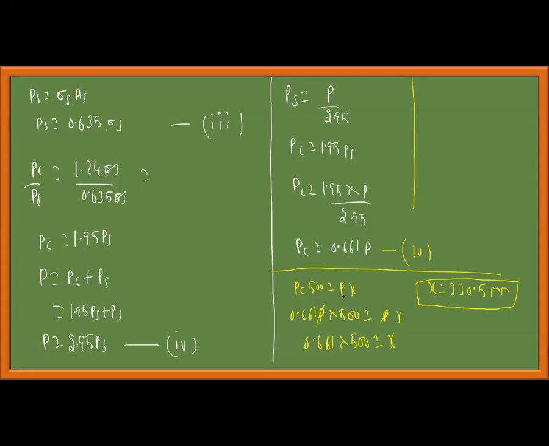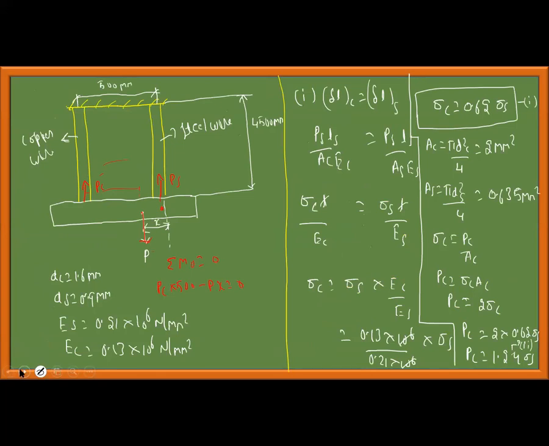You can tell me a suitable relation where I can substitute and find the magnitude P. This P cancels off. Any relation? PC into AC. Okay, PC by AC. We can find it. That's not a difficult thing. You only have to think and do it.